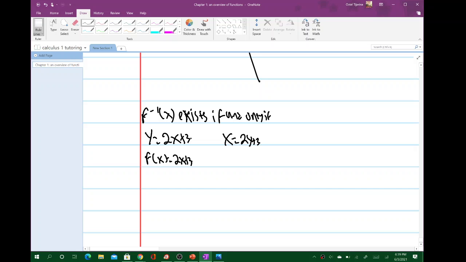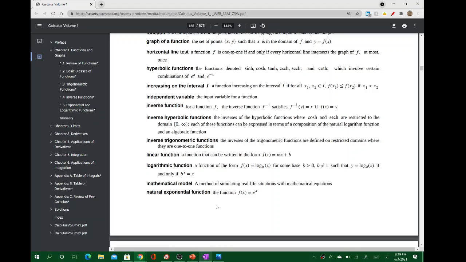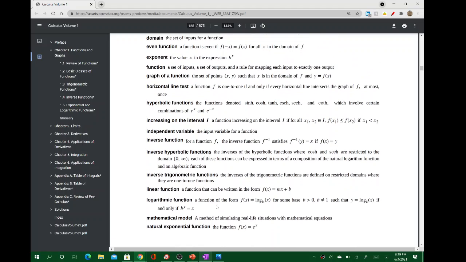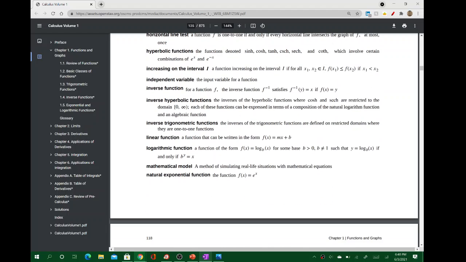I forgot the exact rule for it. Maybe it's in here. Yes, it says right here: for a function f, the inverse function f inverse of x satisfies f inverse of y equals x if and only if f of x equals y. Okay.